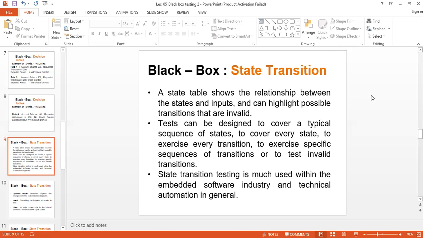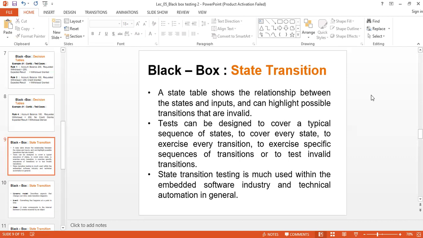For example, something like this: there is a very simple circuit with an LED bulb, right? When your circuit is closed, meaning the switch is on, you know the bulb will be on, right?